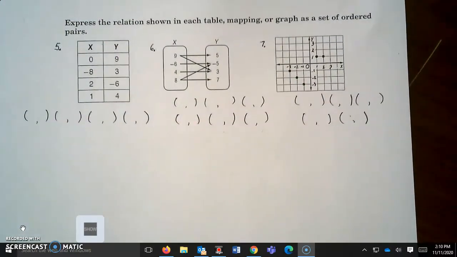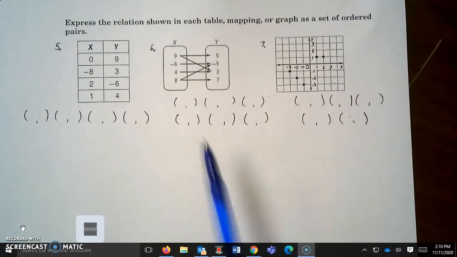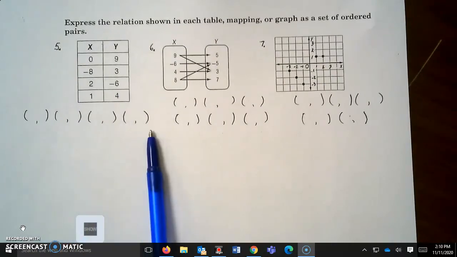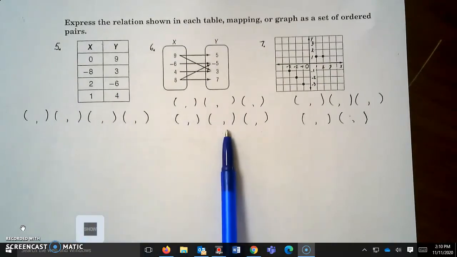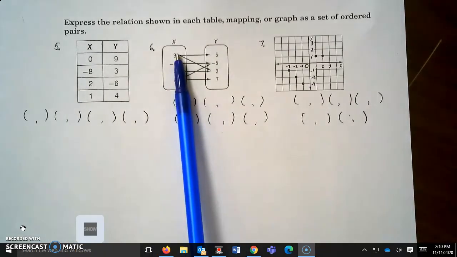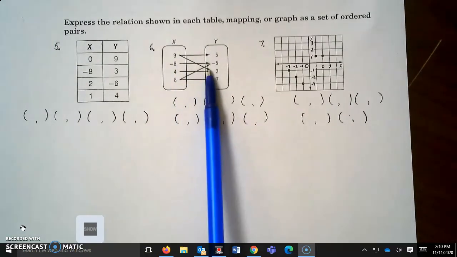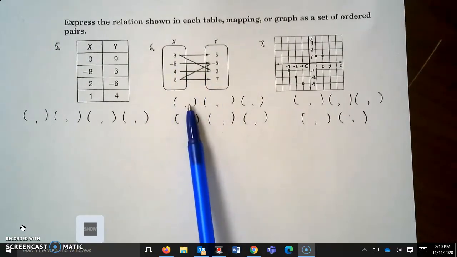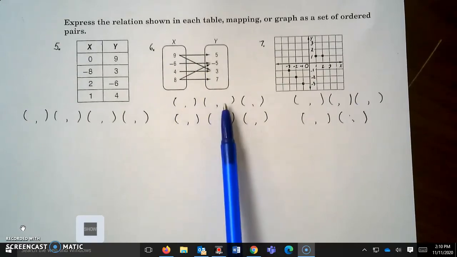Now on the back, all you have to do is write the ordered pairs. See? 4 rows in the table, 4 sets of parentheses. Why are there so many here? Well, look, 9 pairs with 5, and 9 also pairs with 3. So you're going to have to write 9, 5, and then 9, 3.